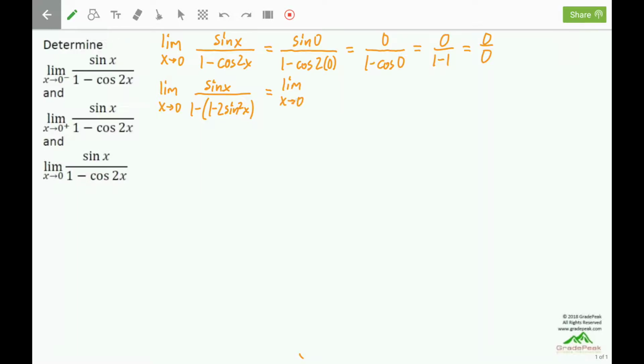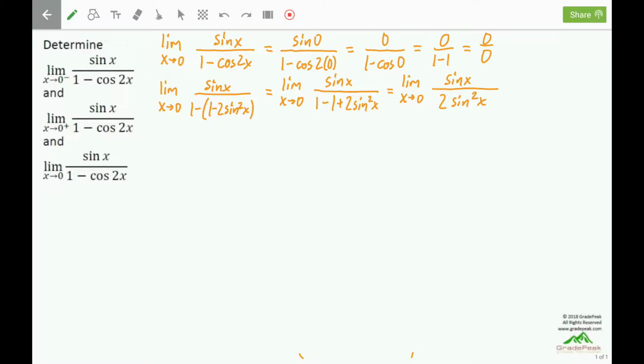Which gives the limit as x approaches 0 of sine of x divided by 1, and distributing the minus sign through here will give a minus 1 and a plus 2 sine squared x. So the limit as x approaches 0 of sine of x divided by, the 1's can cancel, leaving 2 sine squared x.